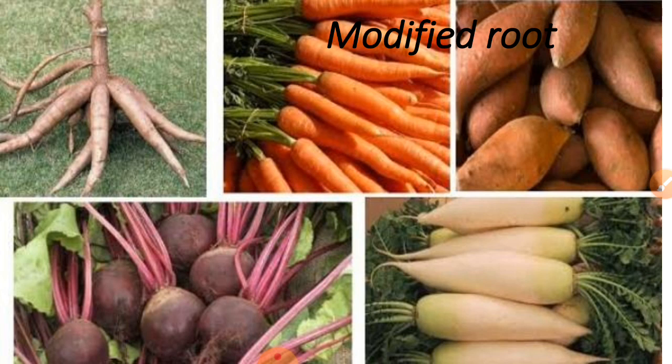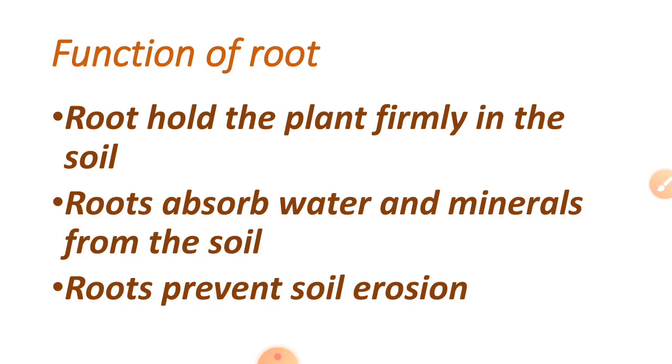Now we learn about the functions of the root. What are the main functions of the root? Because we know the root performs major functions. First, the root holds the plant firmly in the soil, meaning roots go deep down into the soil and spread out and hold the plant firmly to the ground.